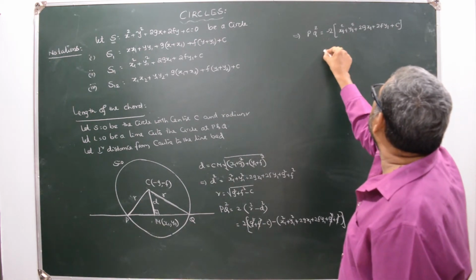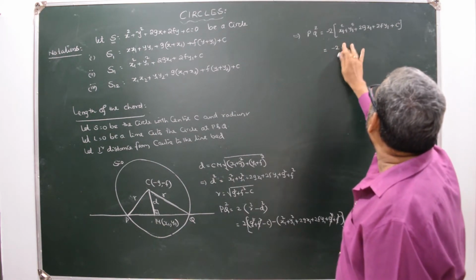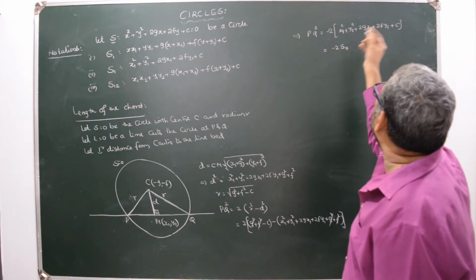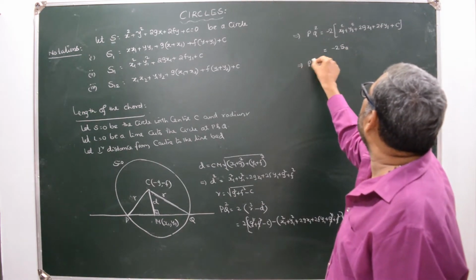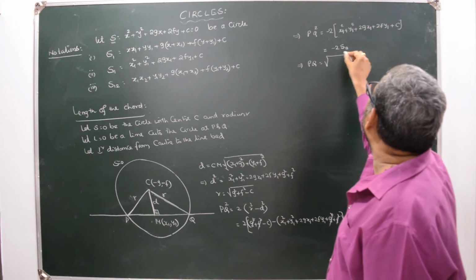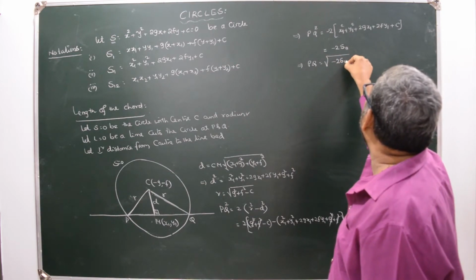So this is minus 4 into S11. It implies PQ is equal to 2 into square root of minus S11.